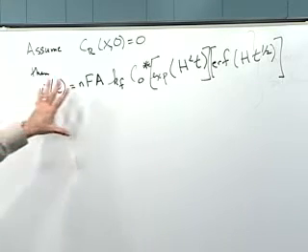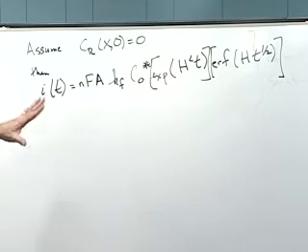Now you'll notice we have a different functional form here. It may not immediately pop out at you what that functional form is, but it certainly isn't a simple t to the minus 1/2 dependence.